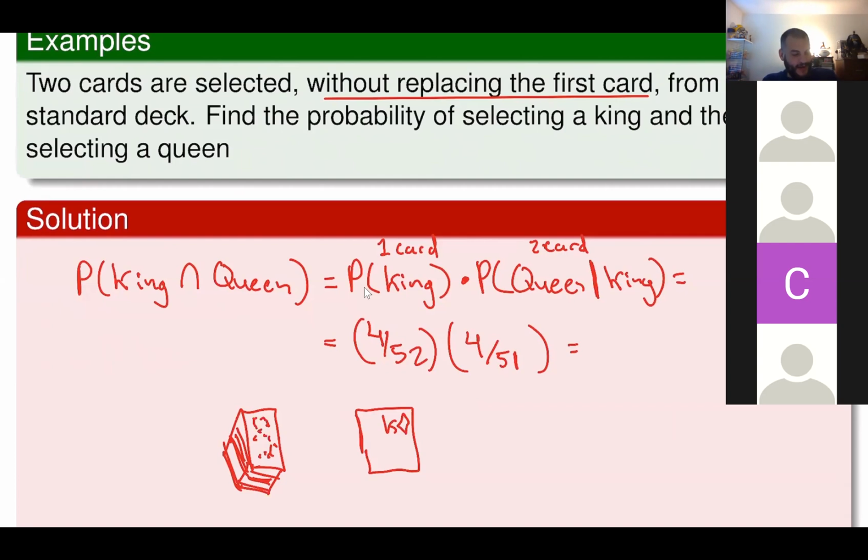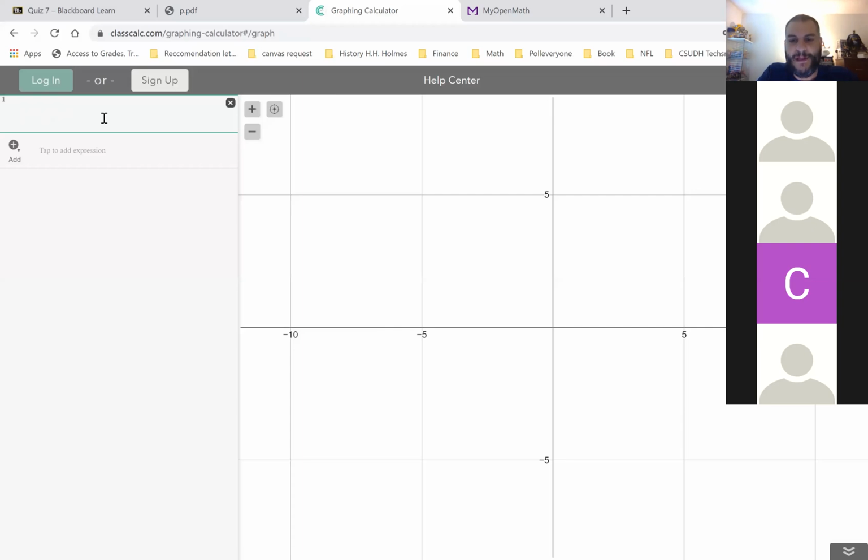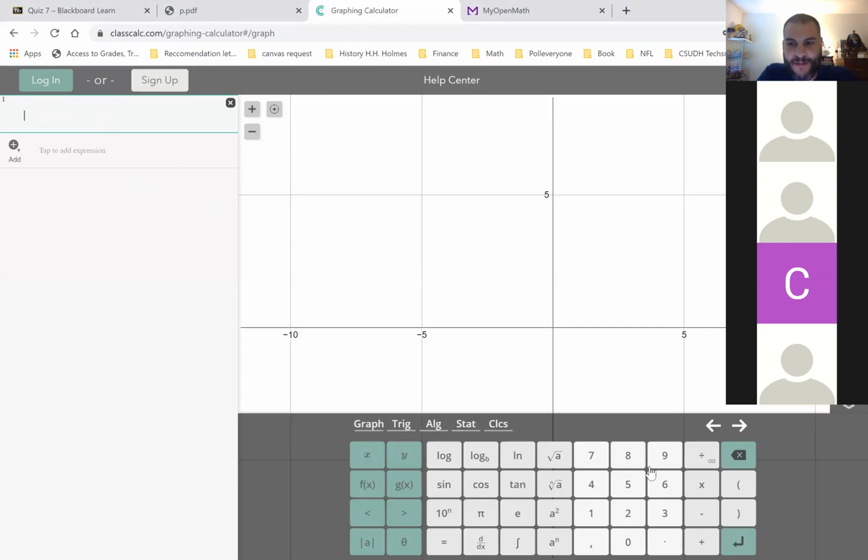Here, let me do this with the class calc, so that way you can see how to enter it, in case you're wondering. So in class calc, you could just do 4 divided by 52.